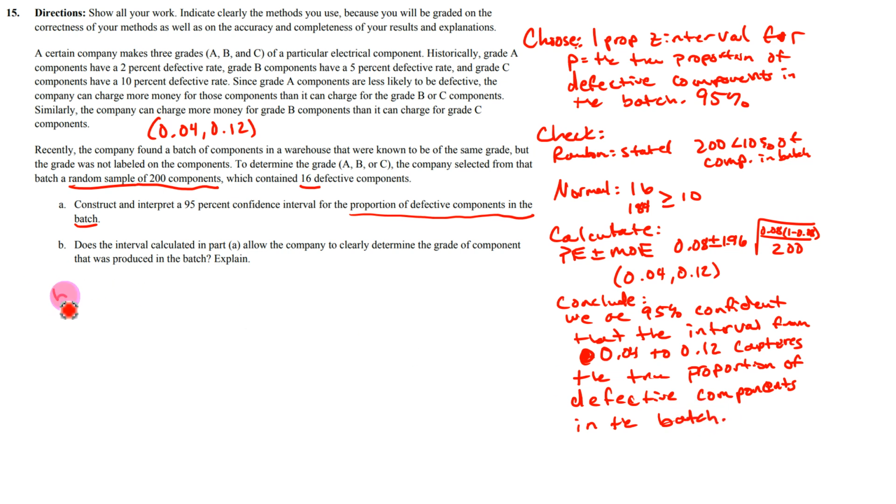Okay, part B. Does the interval calculated in part A allow the company to clearly determine the grade of component that was produced in the batch? Explain. So we have our interval 0.04 to 0.12 is all plausible proportions of defective parts.